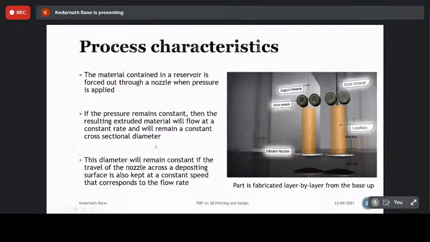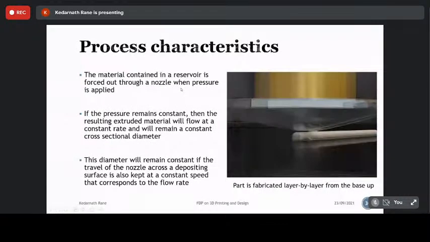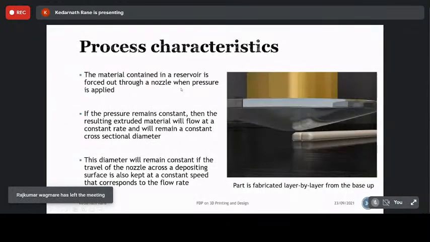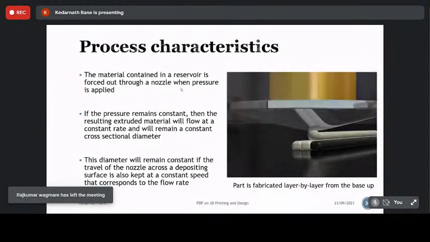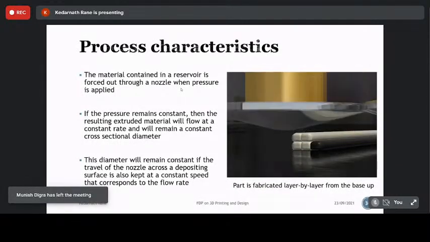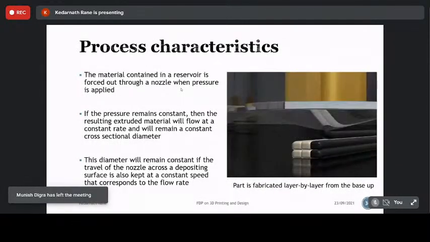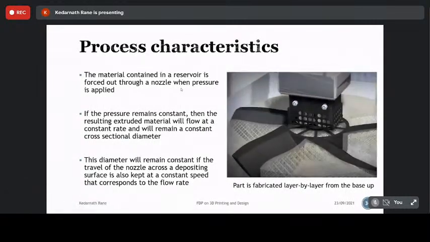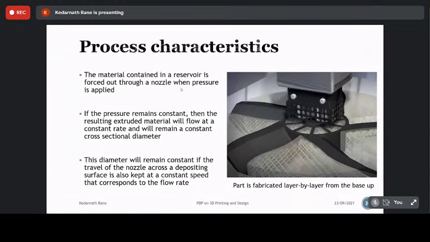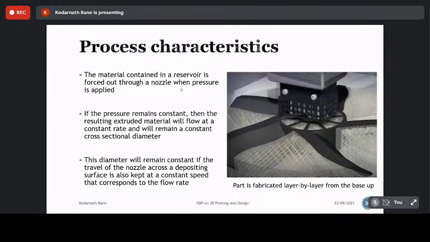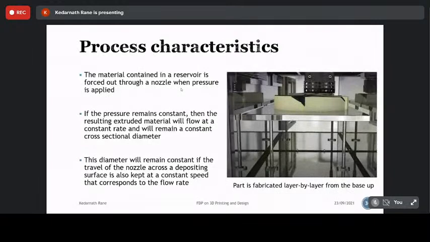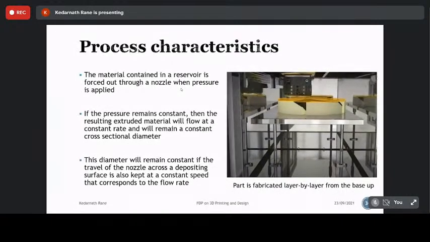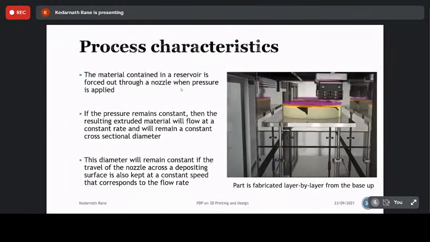Another process characteristic involves the material. There is a limitation of some systems which use a reservoir, like a spool of filament or rods. So the part volume or part shape is limited by the material present in the reservoir. But there is another system called the granule-based system. We can see the commercial machines.